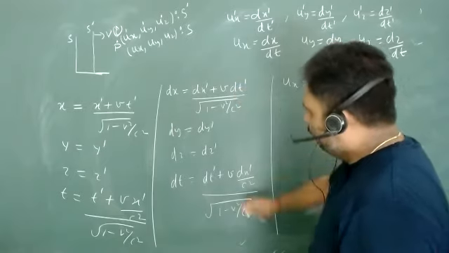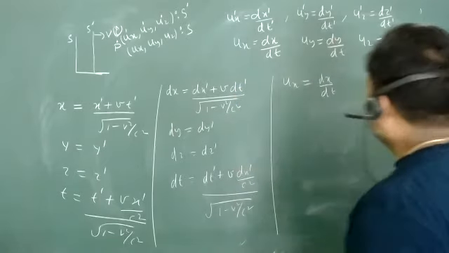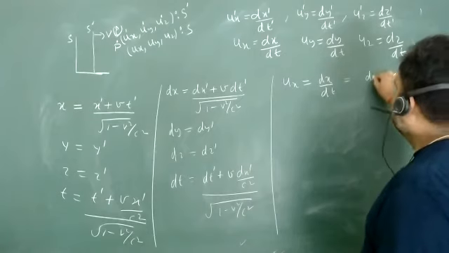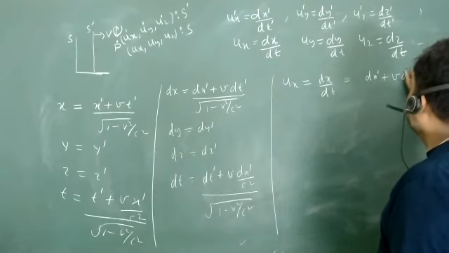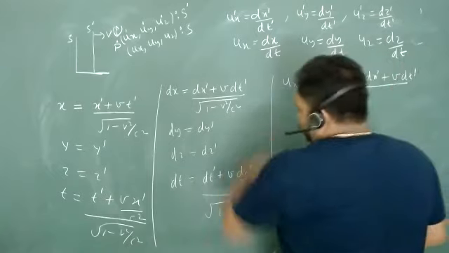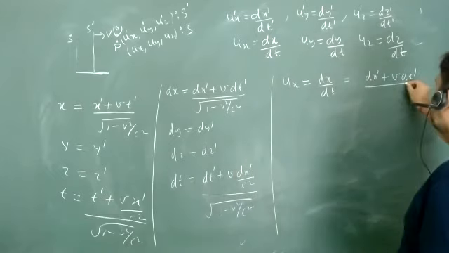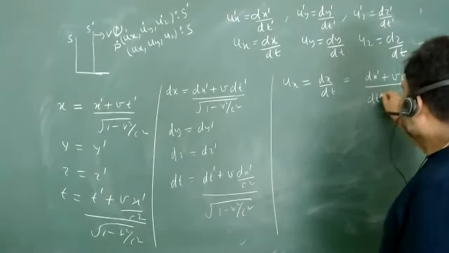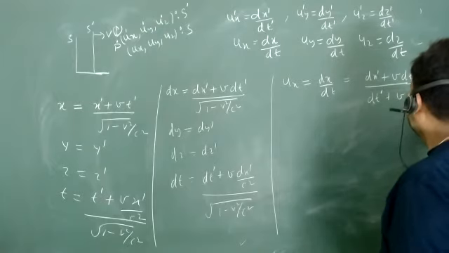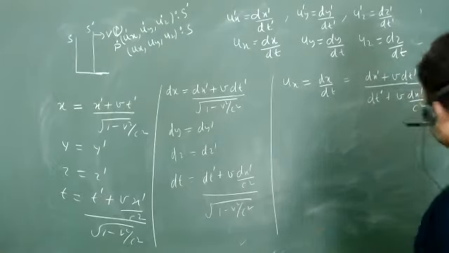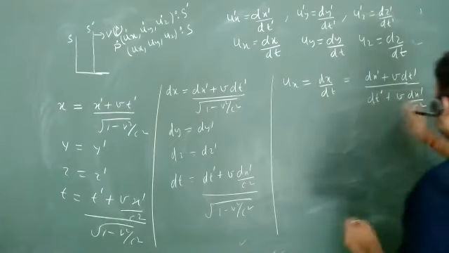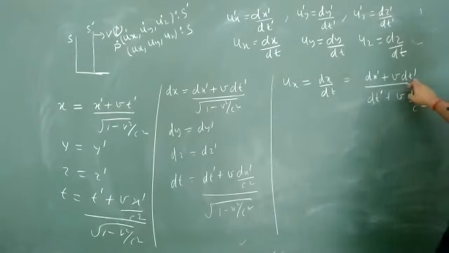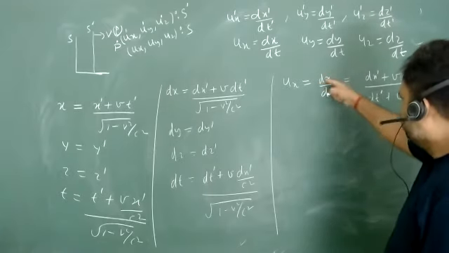So we can divide this thing. We have dx' plus v dt', and this root under 1 minus v square upon c square is going to cancel out. So what we basically have in the denominator is dt' plus v dx' upon c square. Now we can divide dt' in numerator as well as denominator, and dx' upon dt' is nothing but ux'.